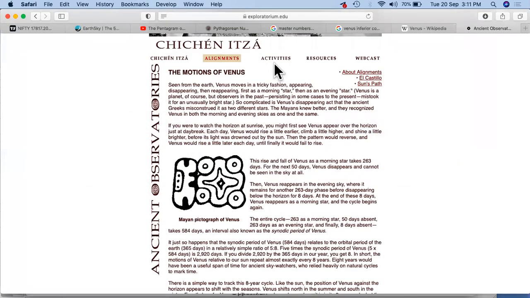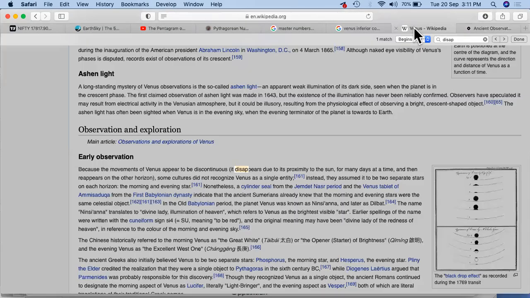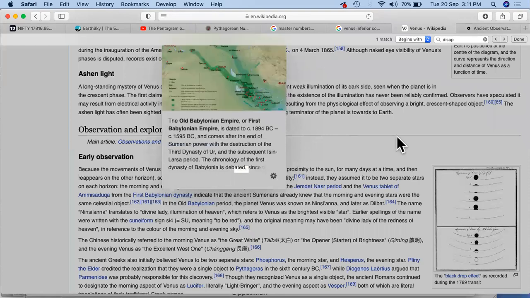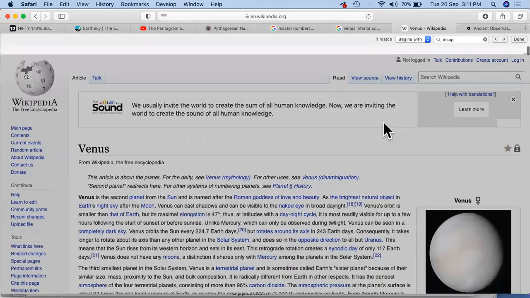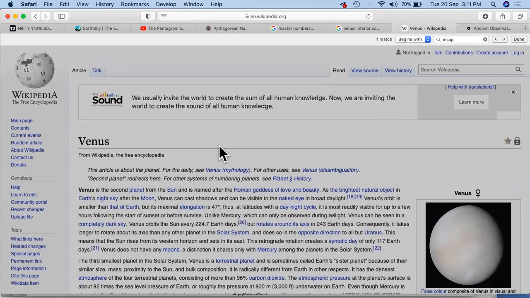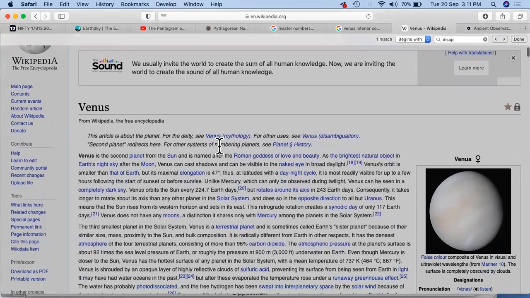So let's try to understand some basic things about Venus specifically. Venus, first of all, is a planet which is very near to Earth. That is the first thing. It is between Earth and Sun. That is the second thing. And if you look further, Venus can be seen in the complete dark sky.